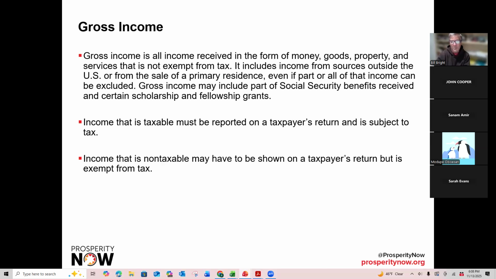It may include parts of the Social Security benefits received, and certain scholarship income, which we see one or two of a year. Income that is taxable must be reported and is subject to tax. Income that is not taxable may still, in general, have to be reported, but is exempt from tax, because remember, we're reconciling what was sent to the IRS with what the taxpayer got.